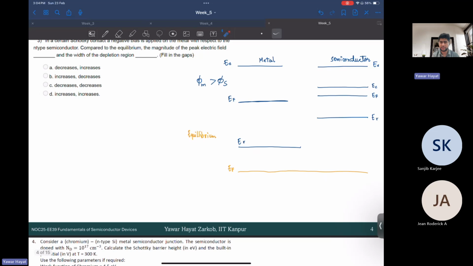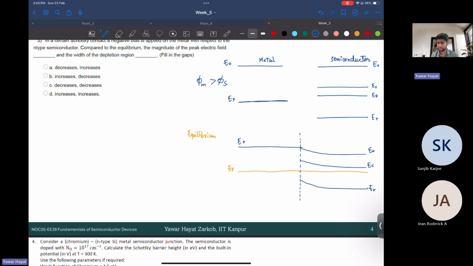This is E naught, and now this is a junction. Since phi m is greater than phi s, E naught on the semiconductor side would start at a lower level, so this would tilt like this. This is E naught, and likewise your EC would track it. Similarly for EV.